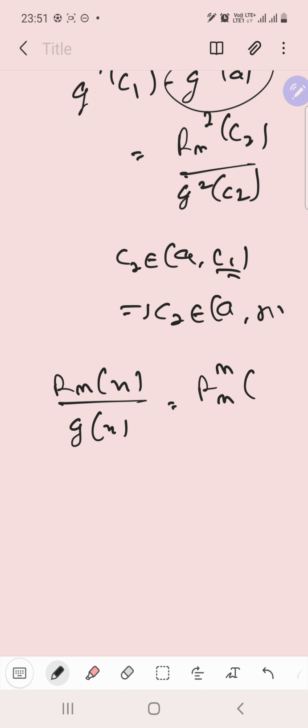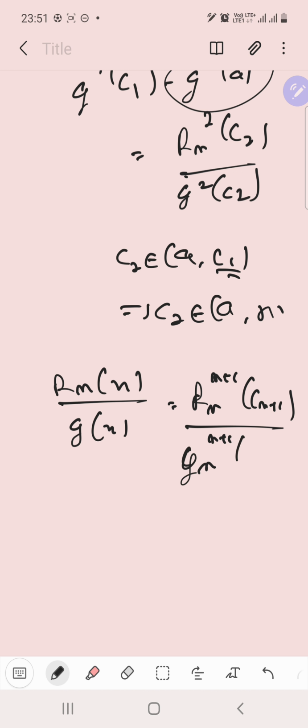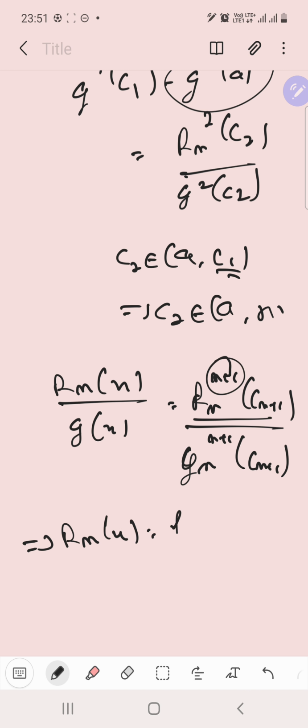So this is Rn^(n+1)(c(n+1)) over g^(n+1)(c(n+1)). Clear? So from here we can find the value. Now see, Rn^(n+1) will be equal to f^(n+1), so this becomes f^(n+1)(c(n+1)).